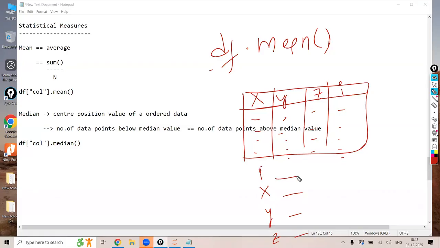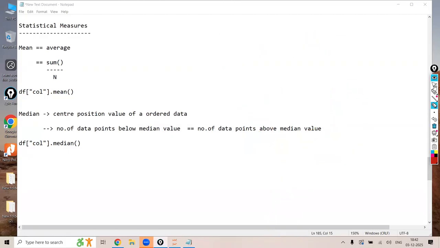If you want only X, then select only X. If you want the overall data, you can select the overall data. It is your choice. Like this, we calculate the median.